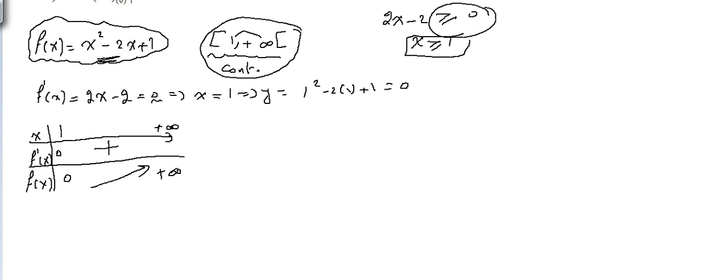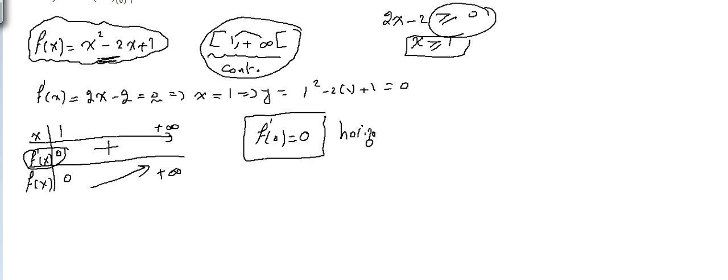Now what is f prime of 1? It's 0. And if the derivative is 0, this means we have a horizontal tangent at this endpoint of the interval. Remember, this is important.